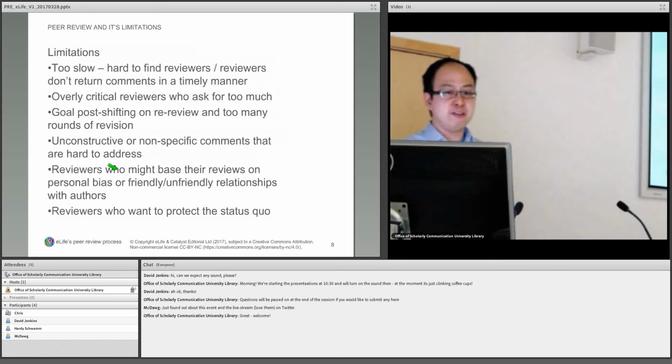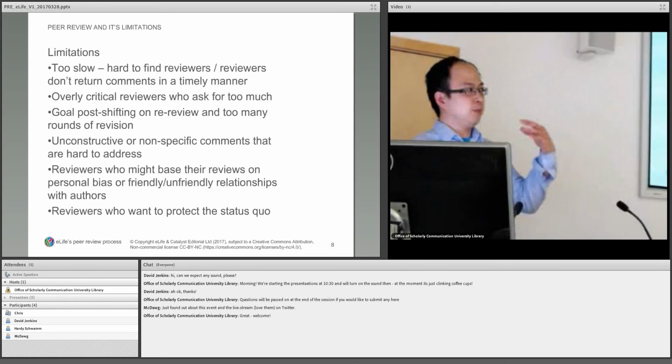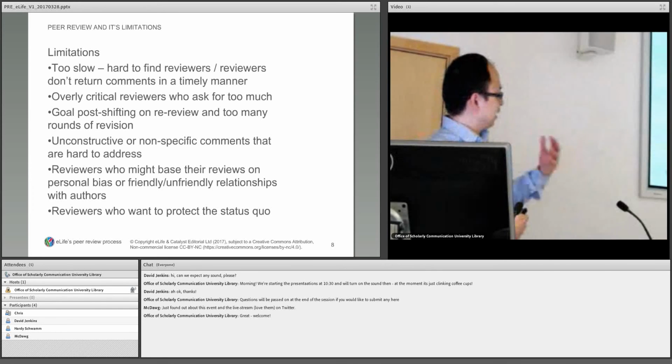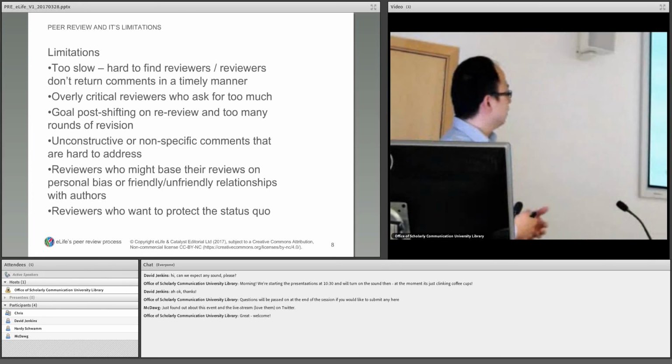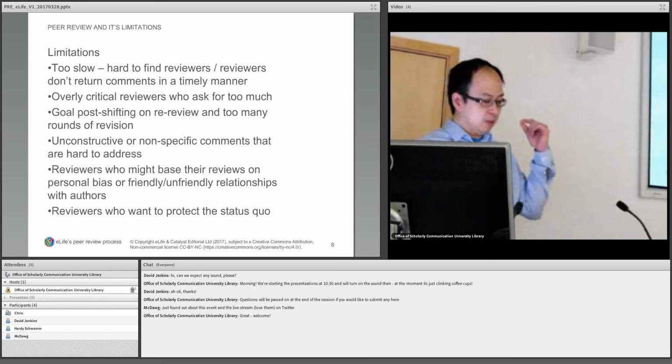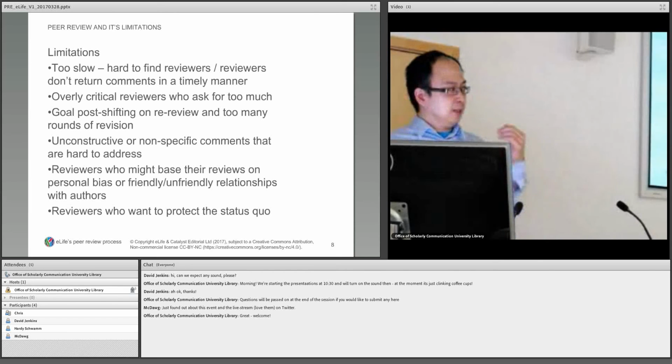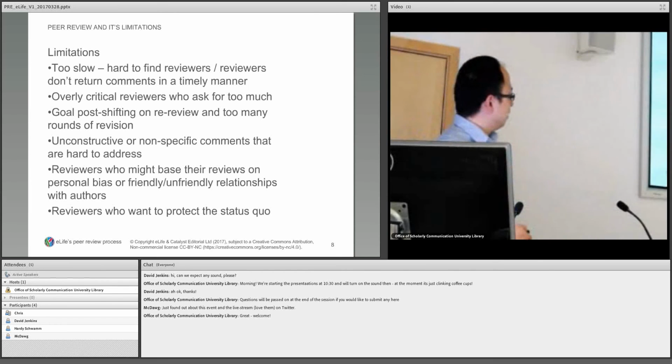There are limitations of peer review. With the number of papers that reviewers are now being asked to review, there's increased demand on their time, which means that peer review can often take a lot longer than we would want.